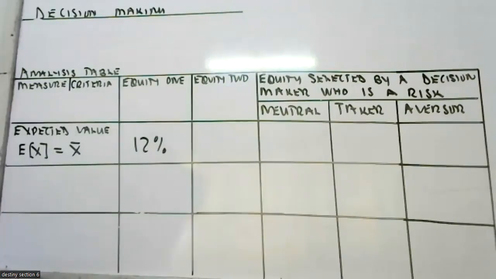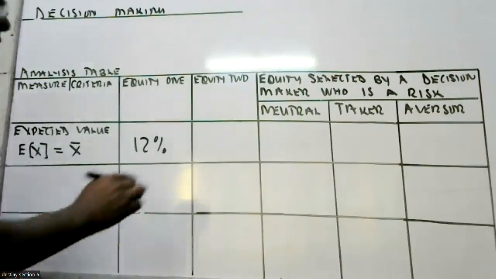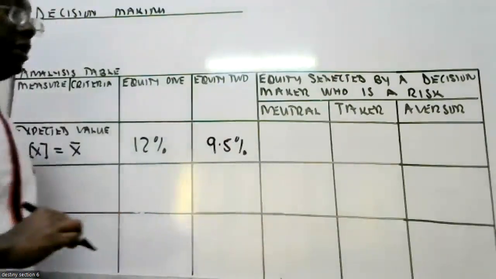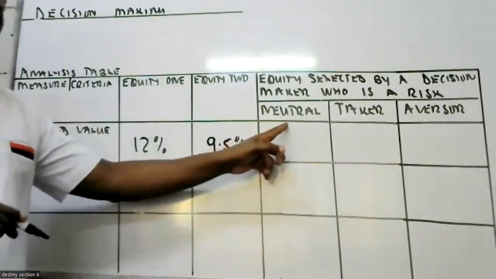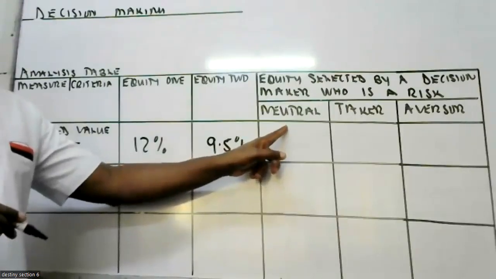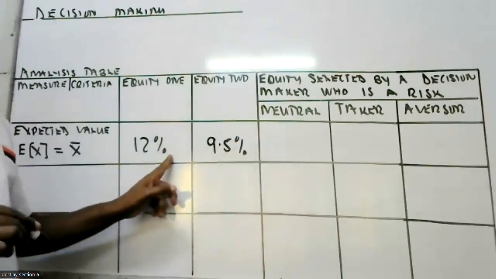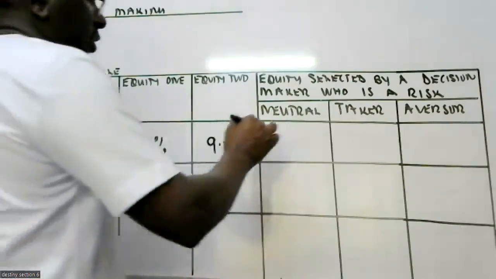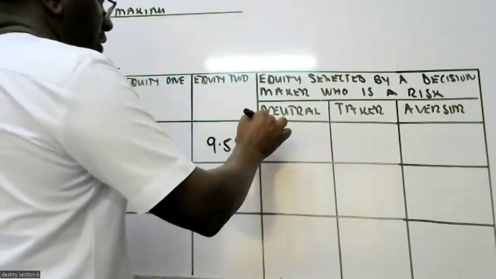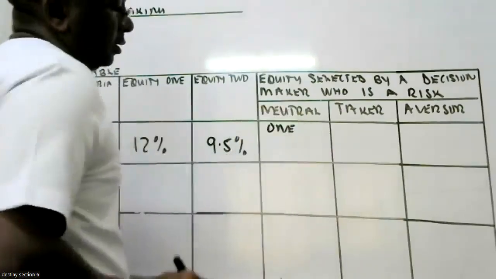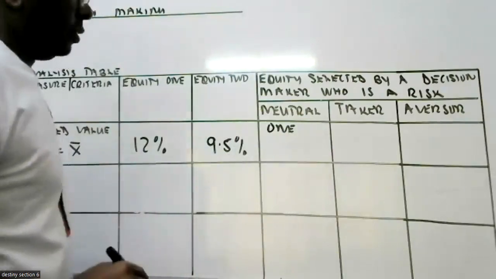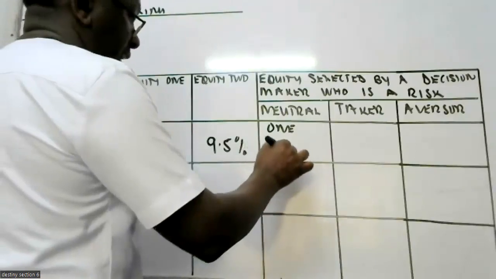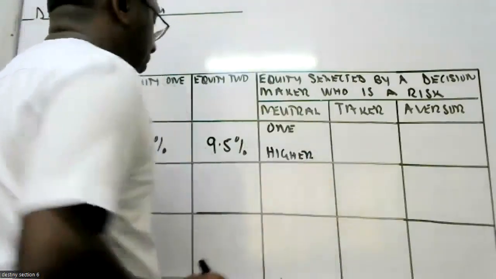The second equity has a return of 9.5%. Now, a guy who is risk neutral makes his decision based on averages. And obviously he goes for the higher. So he's going to go for equity 1 because it's higher.